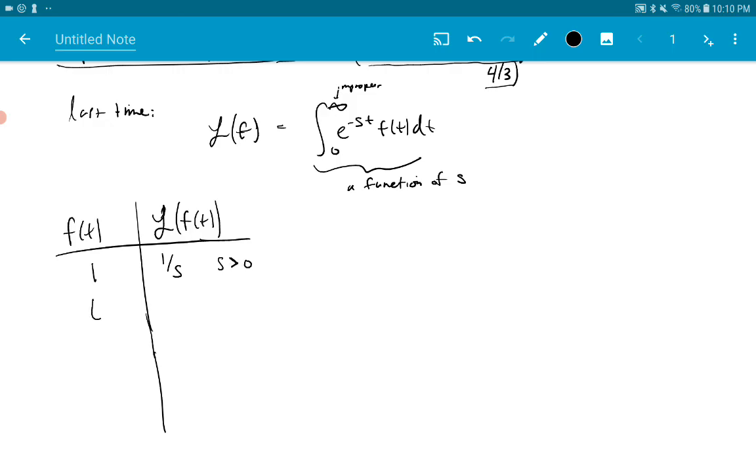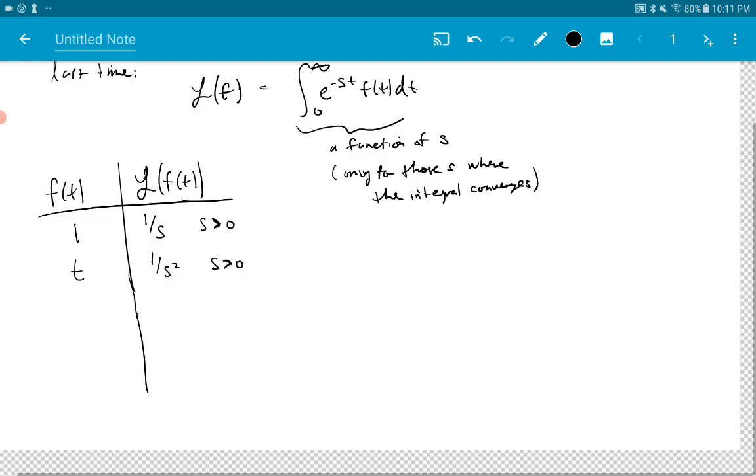And for the function t, we got 1 over s squared for s greater than 0. Why am I telling you for what values of s? Because remember, it doesn't converge for other values of s. This improper integral would diverge. So only for those values of s where the improper integral converges. If it doesn't converge there, it's not defined on those other values of s.